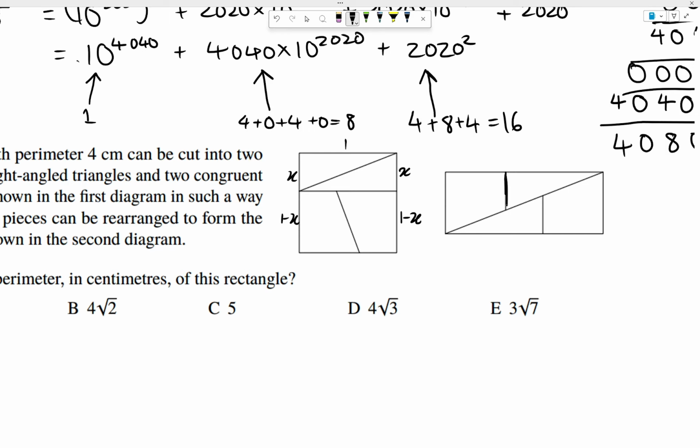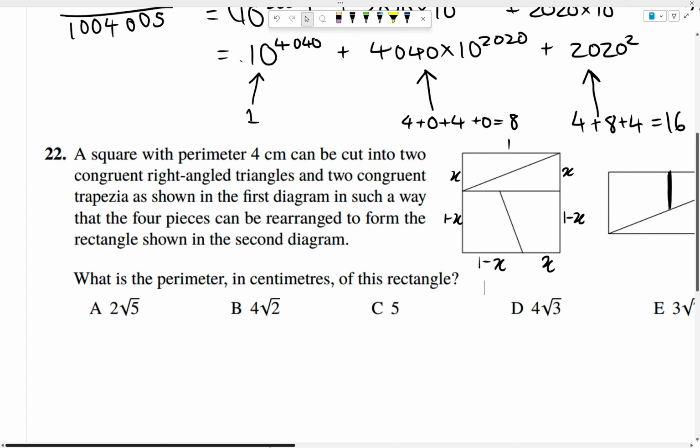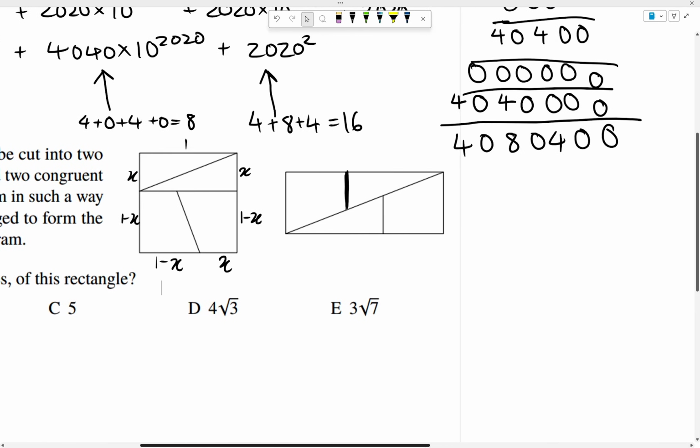And then if we look at this diagram here, the short side of the triangle is equal to the short side of the trapezium because they line up perfectly. So this will be x, and then that means that the long side of the trapezium is 1 minus x. And now we have some algebra, and we're going to try and solve for the value of x.